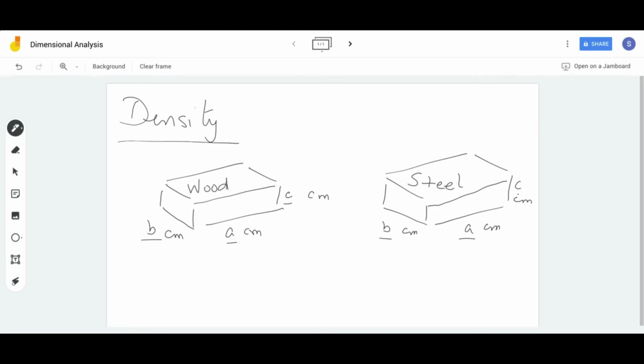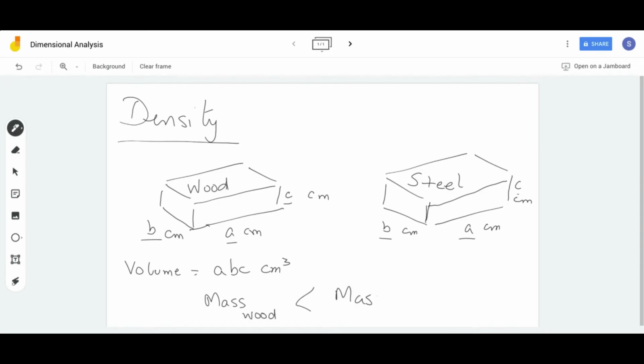Going back to our volume part, the volume for both of these is going to be ABC centimeter cube, no matter which object you're looking at, because the dimensions are the same and it's a cuboid shape or a block shape. Steel is going to be more dense, because steel has a higher molar mass compared to wood, and that means that wood is essentially lighter. So if you were to put this on a scale, the mass of wood is going to be less than the mass of steel.